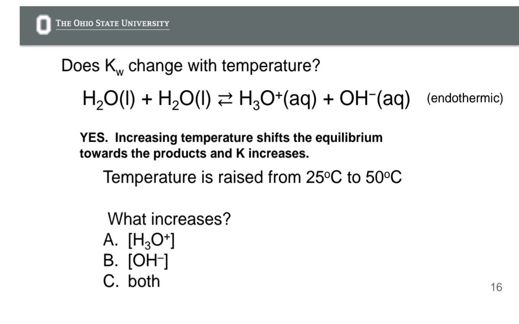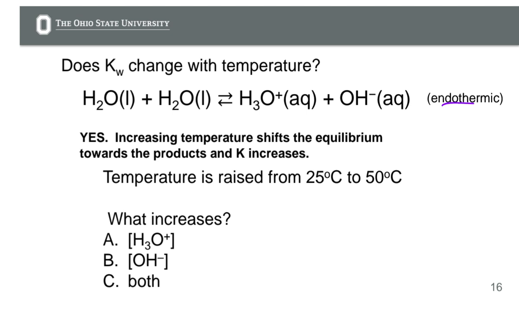All right. So now we go back to one of the topics that we talked about last time, which was how concentrations of reactants and products change with temperature. So we talked about the values of K changing with temperature, and that's true here with Kw. This equilibrium with water, hydronium, and hydroxide is endothermic.